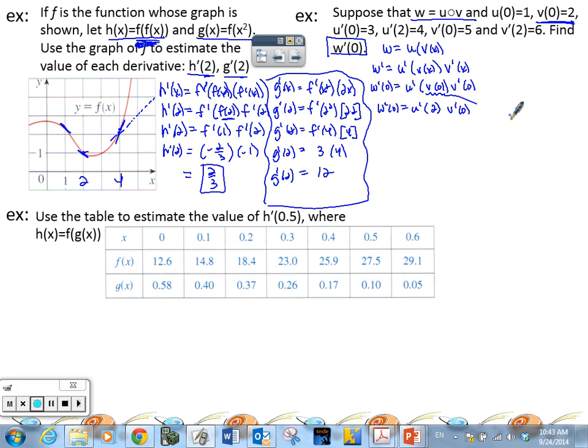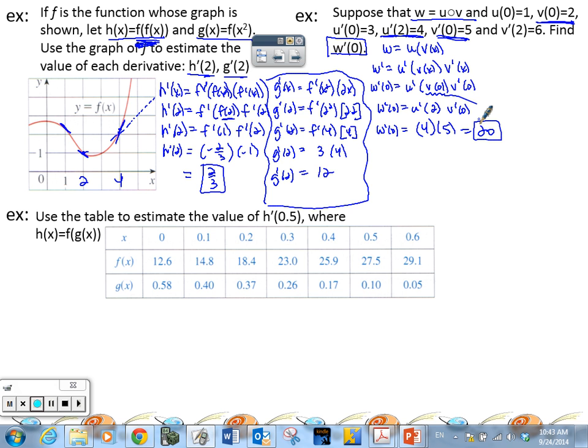They're going to give you extra information just to see if you'll use it. Just because it's there doesn't mean that we use it, right? We use it only if we need it. So U prime of 2 is here, that's a 4. And V prime of 0 is here, that's a 5. And so W prime of 0 is going to be 20. Okay, is that okay?